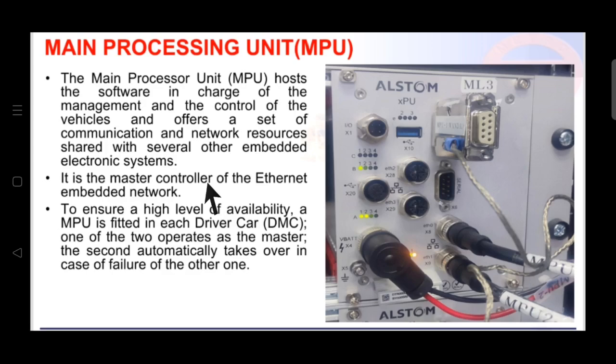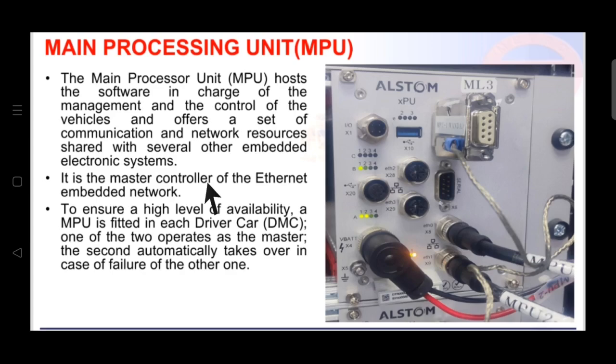For example, when our train is running in automatic mode, there would be different events being recorded in the train, right? And if I want to take those events into my laptop, then I need to connect my laptop with the train. So basically I'm connecting my laptop with the main processing unit, and from this example we can understand that the main processing unit provides network resources, right? I am connecting my laptop with the main processing unit, and through it I am fetching the data of the events and logs into my laptop, right?